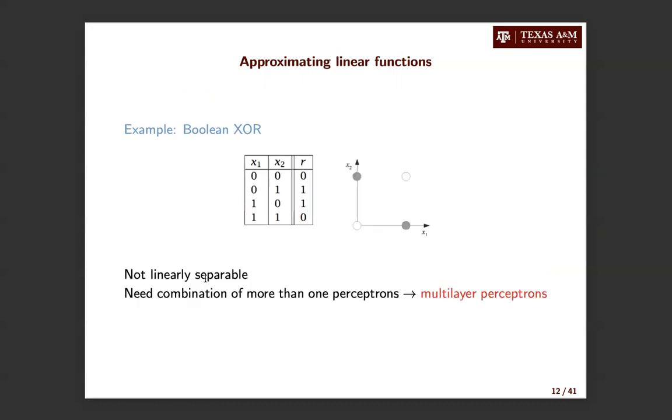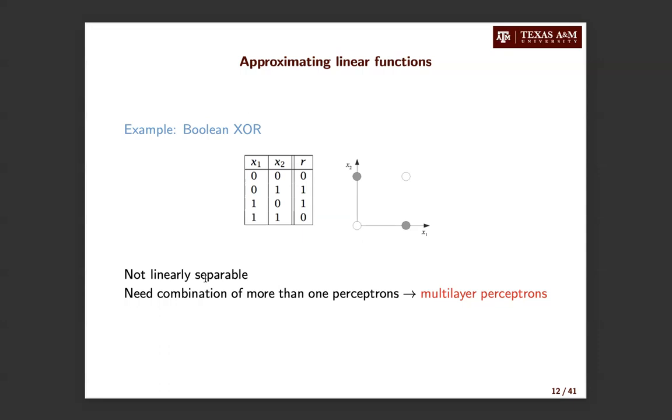However, we can see that if we have linearly non-separable cases, such as the case of this XOR function, then there is no perceptron unit or there is no line that can correctly classify these 4 samples. In the case of the Boolean XOR, if both variables have the same value, then the result is 0.